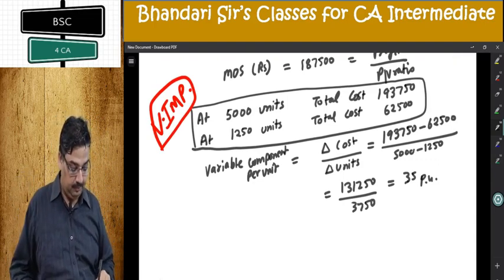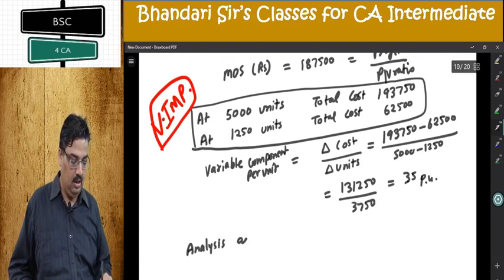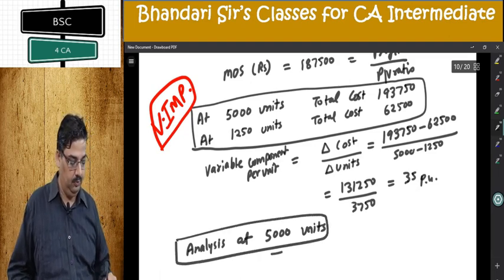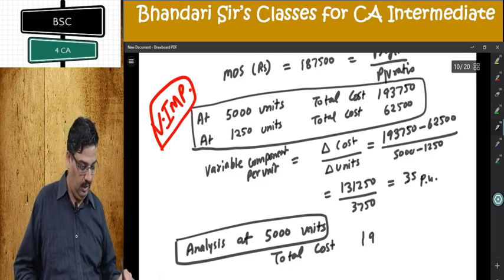First thing is analysis at 5,000 units. I want to get fixed cost also here. Total cost 193,750.